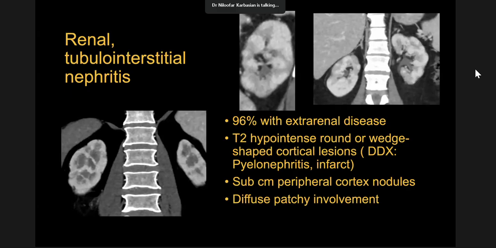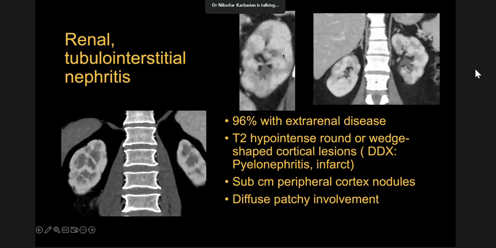The renal involvement of IgG4 has different variants on imaging. They basically cause what is called tubulointerstitial nephritis. One of the classic looks, as you see in the image on the left, is these subcortical, small, hypodense nodules bilaterally. That's one common presentation. Another presentation is wedge-shaped hypoenhancing lesions.